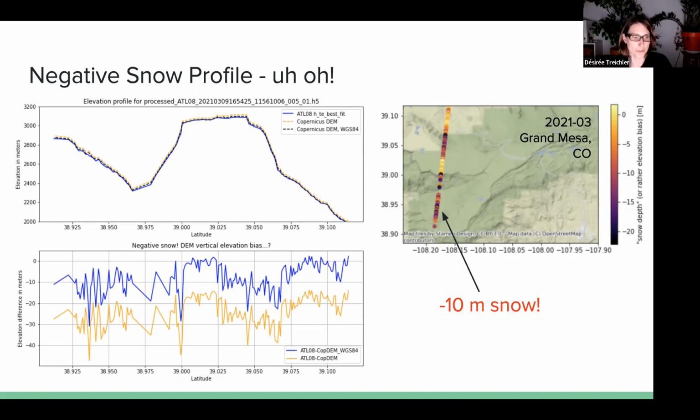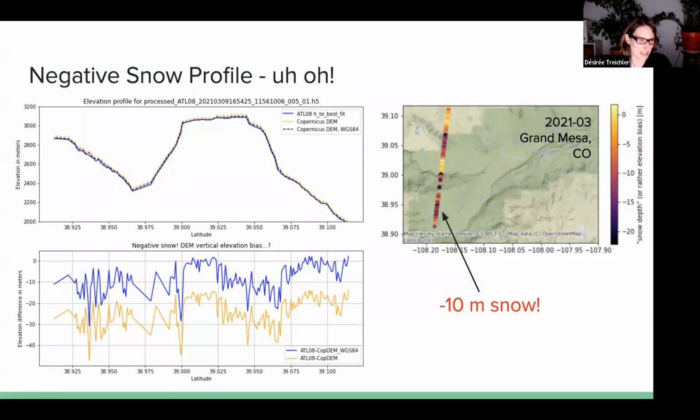We also adjusted the vertical reference, because in one of the tutorials you heard that if you're working with elevation data, it's quite important to know whether you are looking at ellipsoid-based elevations or geoid-based elevations. But even after making this in theory correct, our snow depths are still minus 10 meters on average.